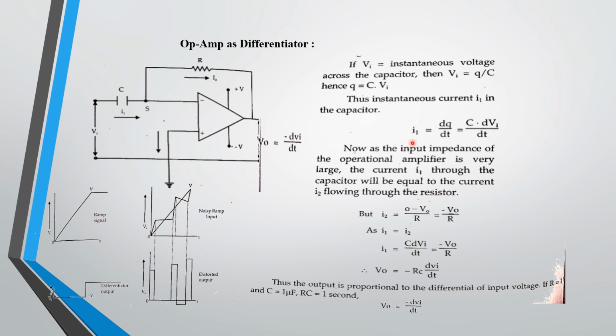I is the current flowing through the capacitor, so I1 is equal to the derivative of Q. With the help of this, we can observe I2 and equate both currents I1 and I2. With that we can say the output voltage is equal to minus RC derivative of VI. In the same way, for the real time case, we can find VO is equal to minus derivative of VI.